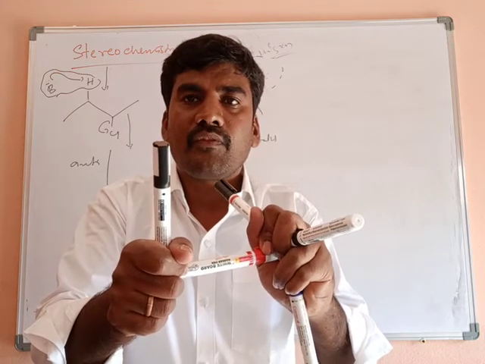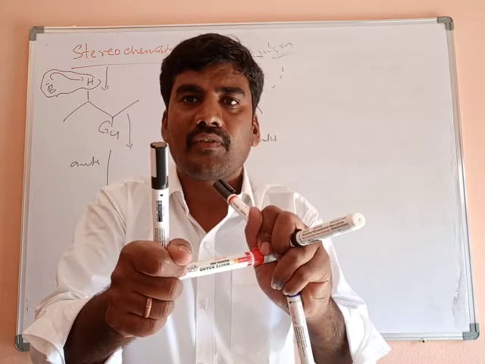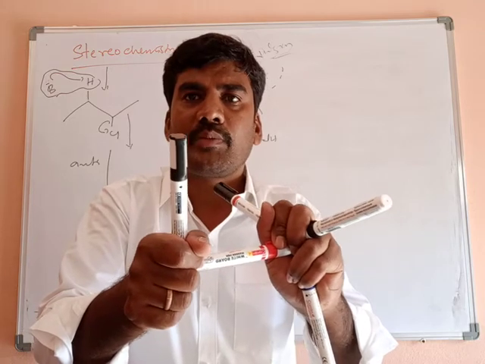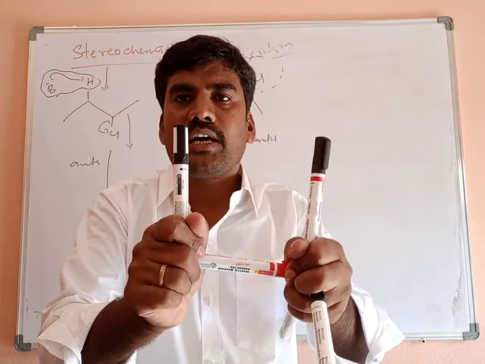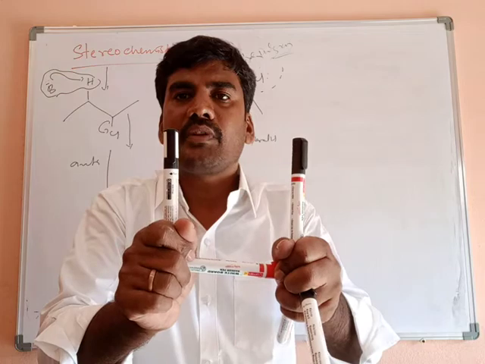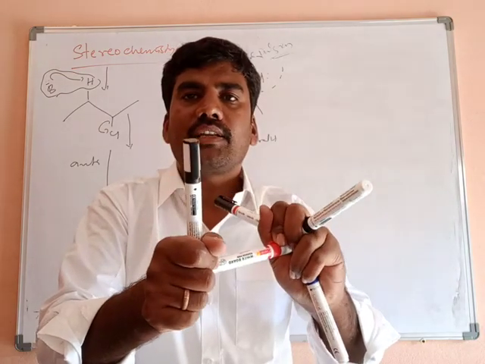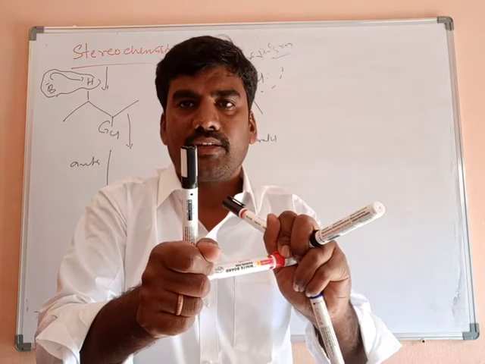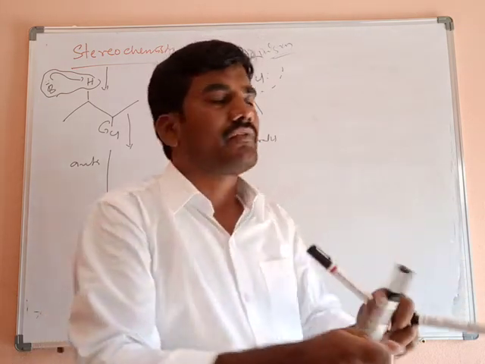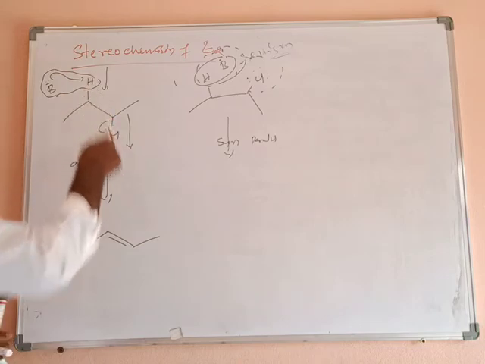This conformer is called the staggered conformer. The staggered conformer is a stable conformer. The unstable conformer is called eclipsed, and the stable conformer of an alkane is called staggered. In the staggered conformation, the base can attack.